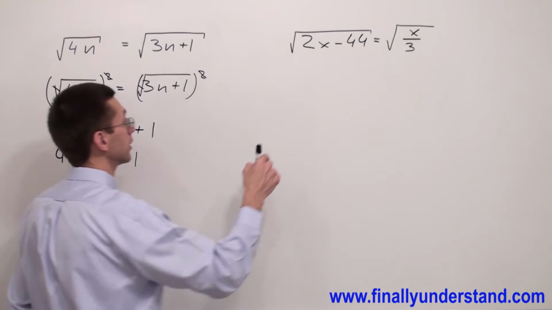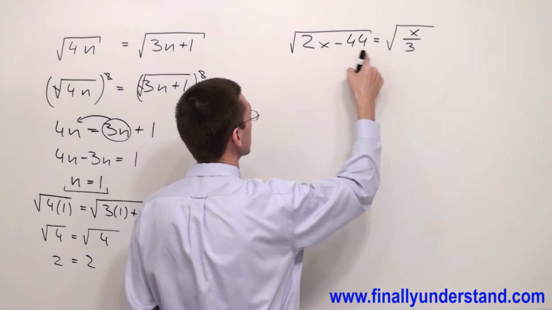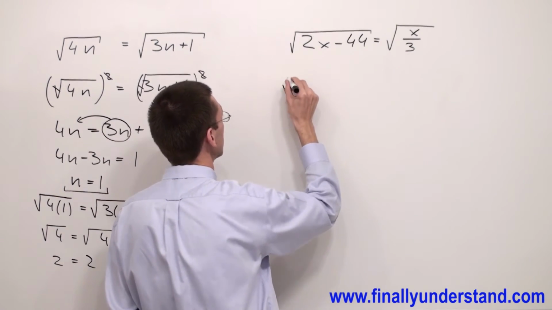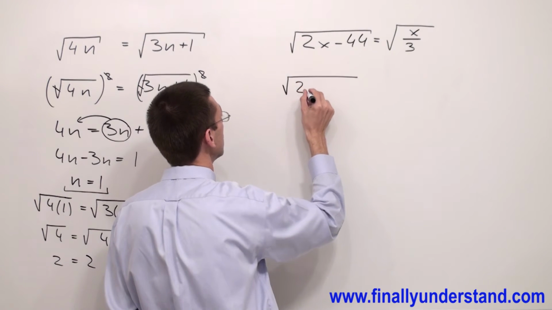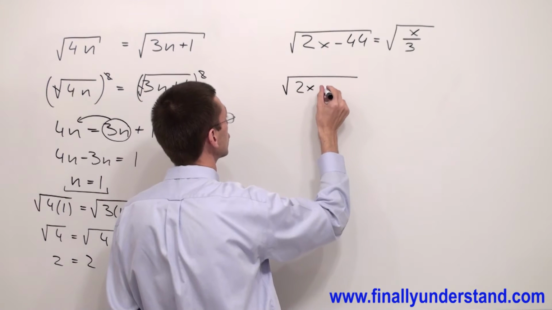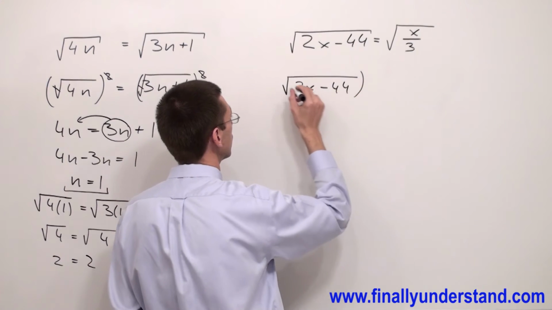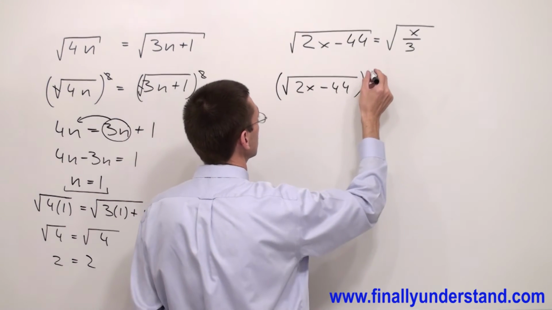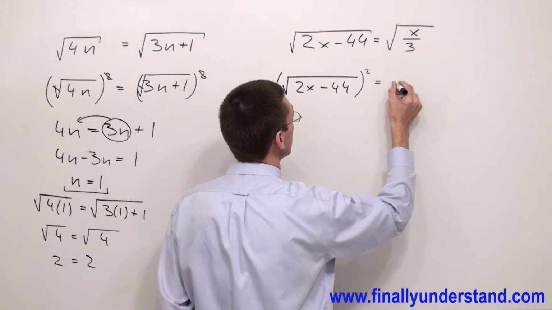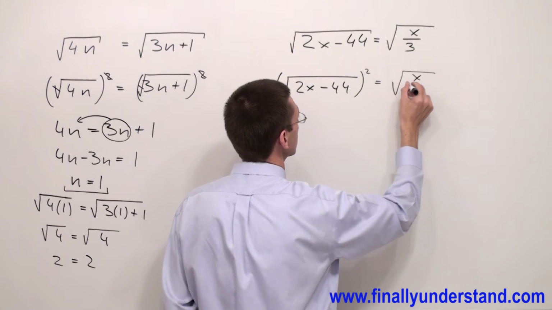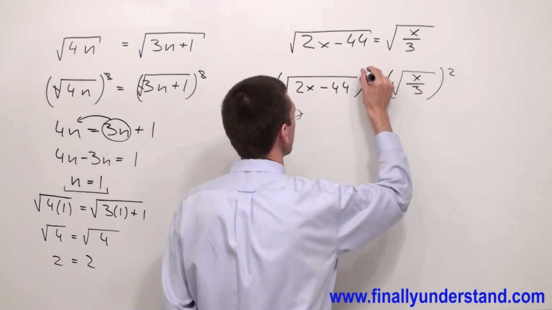Let's take a look at another example. Again, I have square roots on both sides of the equation. In order to eliminate them, I have to square the left side and I have to also square the right side of my radical equation. x over 3 to the second power.